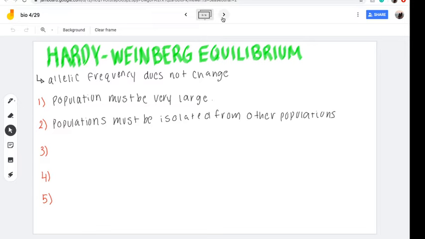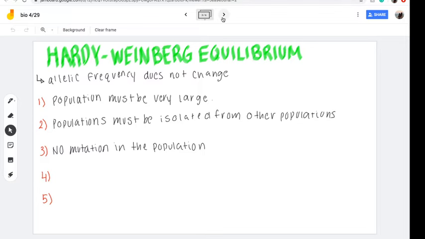Third, there must be no mutations in the population. A mutation in the gene pool could cause a change in allele frequency or introduce a new allele.